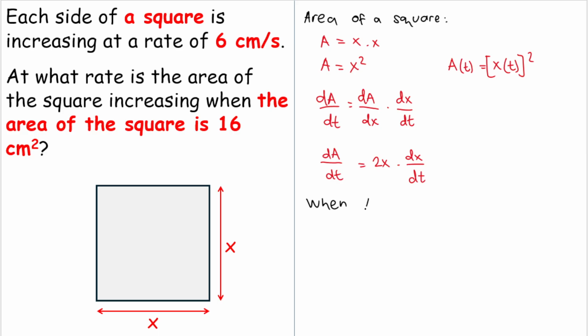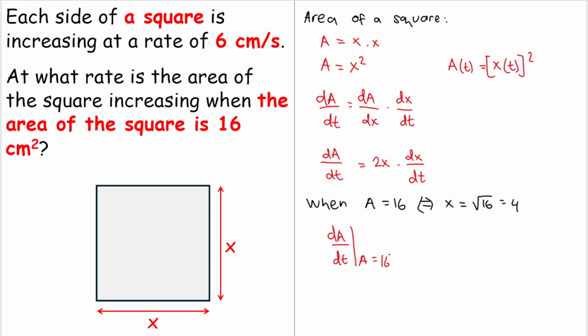When the area is 16 centimeters squared, we know that x is the square root of A, or the square root of 16, which will be 4, right? But we are asked to find dA over dt when A is equal to 16.